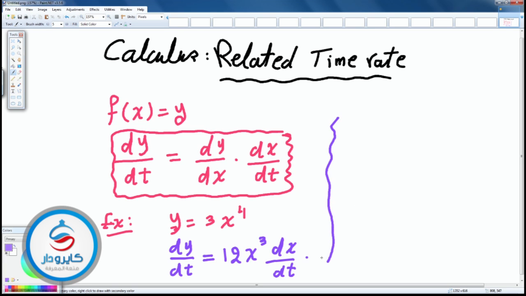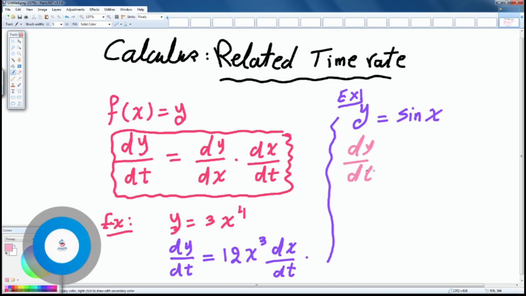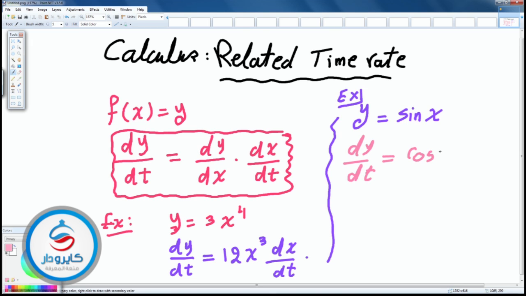Another example, if we have y equals sine x, so dy over dt equals cosine x multiplied by dx over dt.